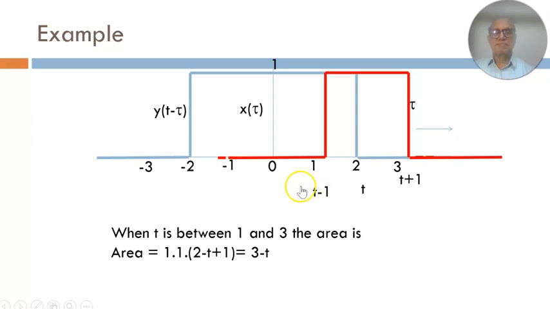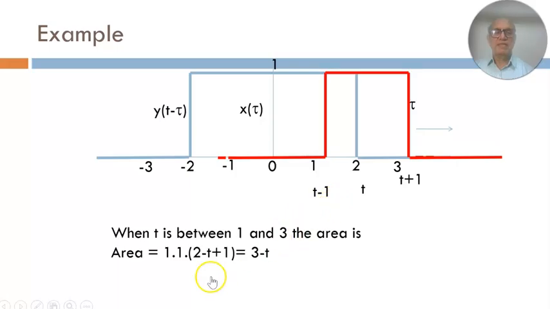Let us see that. In this case, this is the overlapped portion. For others the convolution is 0. Now this point is 2, remember, the blue line corresponding to x(tau), and this is t minus 1, the red line corresponding to y(t minus tau).